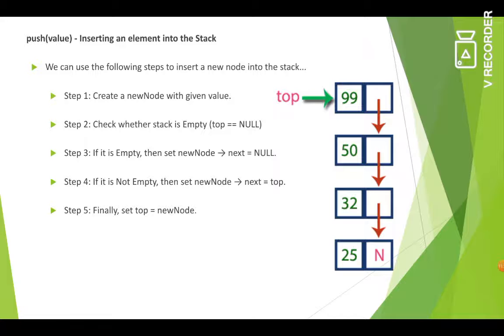For insertion, if it is the first node, then top points to that node itself, and the next part of that new node is set to null. If the stack already contains some elements, then you have to set the new node's next to top, and now the new node is inserted into the already existing stack.